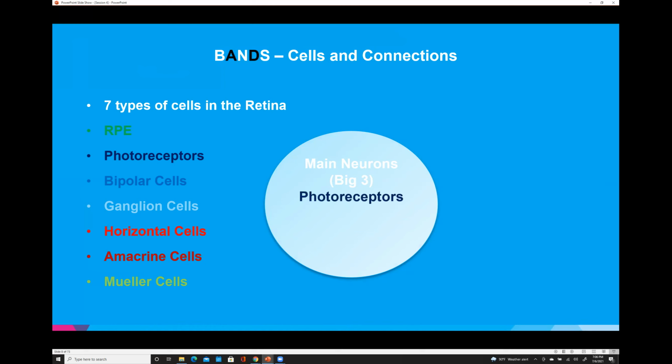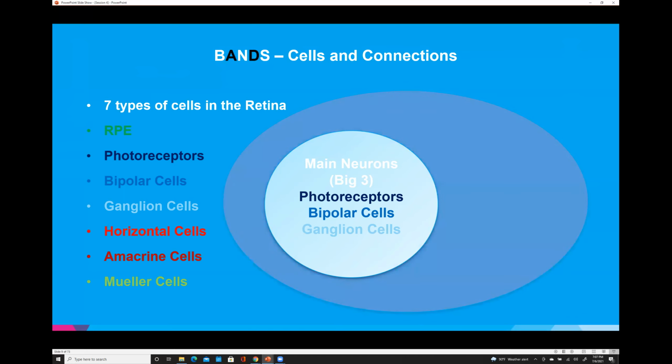So I view this as Michael Jordan, Scottie Pippen, and Dennis Rodman, if you will. So you have the photoreceptors, the bipolar cells, and the ganglion cells. This is your big 3. These are your all-stars. They're on the court. If they don't work, you don't have a retina that works. These are your main neurons. They're the neuronal connection. If you wanted to attack the retina, you would have to get rid of some of these guys in order for the retina to lose the game, so to speak. So that's the main neurons.